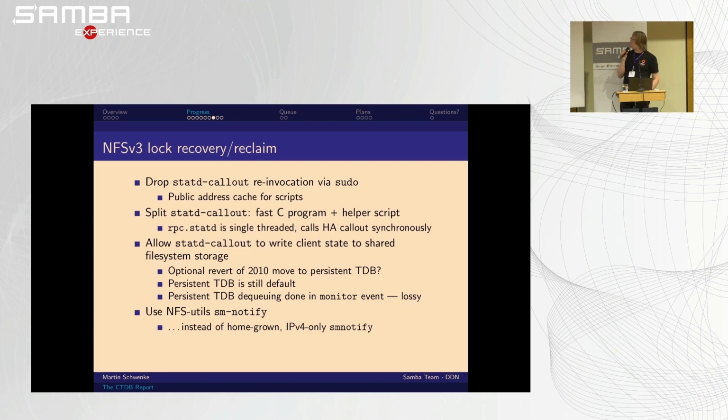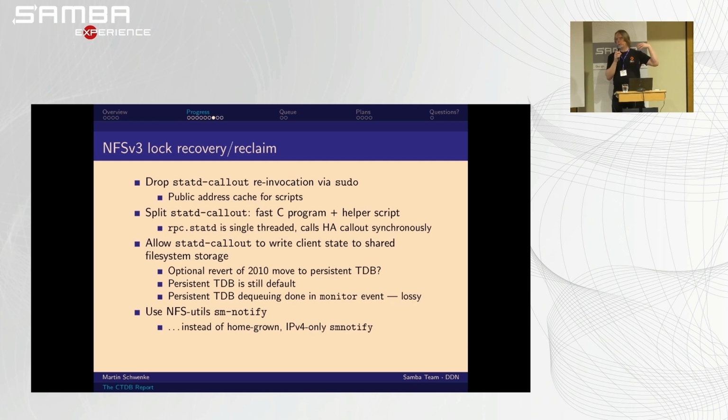And in undoing that, we now need a way to access the IP addresses that a particular CTDB node is hosting, the public IPs or virtual IPs. And this changes, and we used to just call the CTDB CLI command, ctdb ip, to figure out which IPs we're hosting.